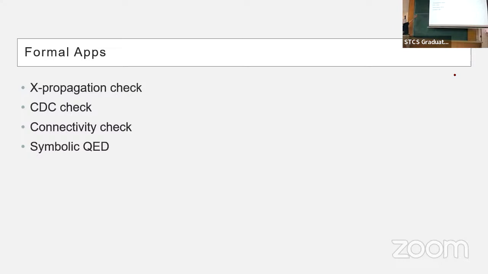Then CDC, clock domain crossing, so nothing wrong happens when a signal passes from one clock domain to another. Some designs have multiple clocks, and when a signal crosses from one clock domain to another, it doesn't get corrupted. And then of course connectivity check.